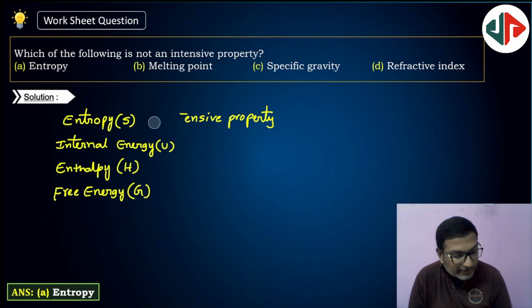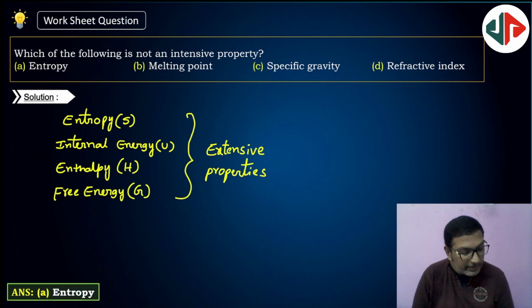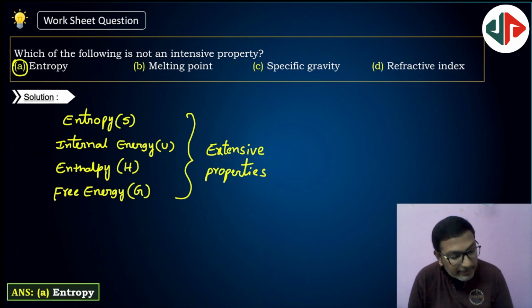I will write commonly, extensive properties. So therefore option A, it is not intensive property. So extensive properties means the thermodynamic properties which depend on amount of substance. Next question.